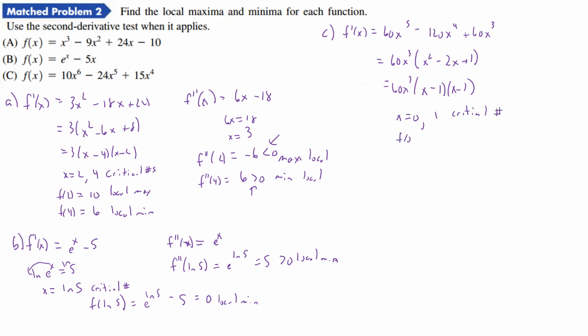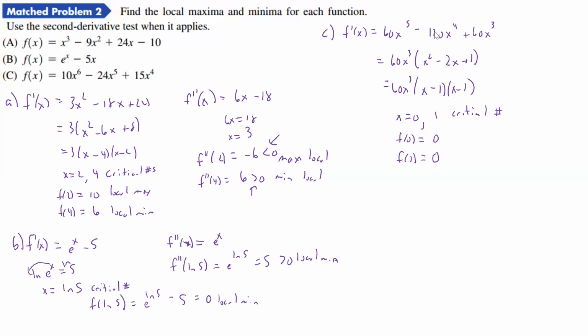Well, f of 0 equals what? That's going to be 0, pretty easy. And f of 1 equals what? It looks like it's going to be 1 times 60 minus 120, that's 0 as well. Hmm. Oh, oops.